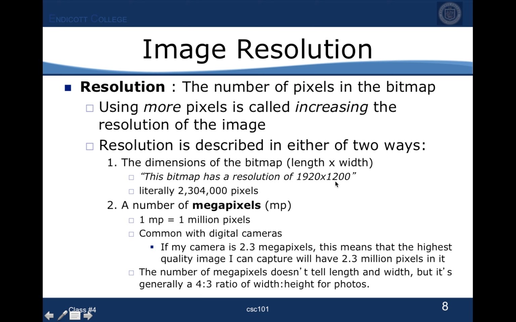If you don't get dimensions like this, where it says it's this by this, usually the eye likes a 4:3 ratio of width to height. Width being across, and probably you're looking at a monitor right now of some sort, on a tablet or a laptop. I just noticed as I was looking at my monitor, it's a little wider than it is tall.